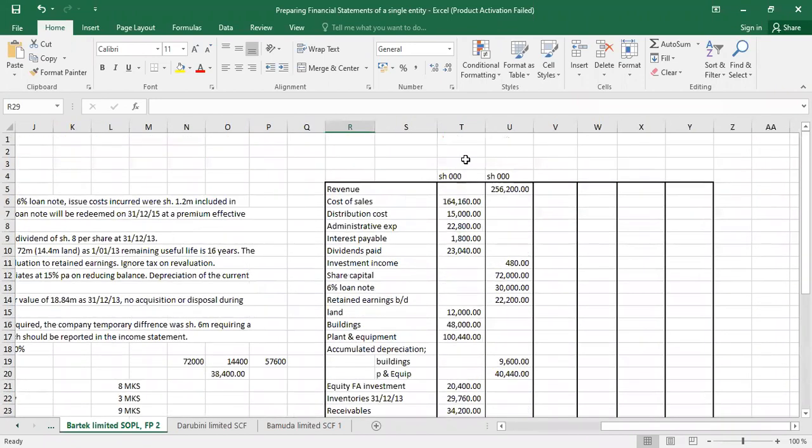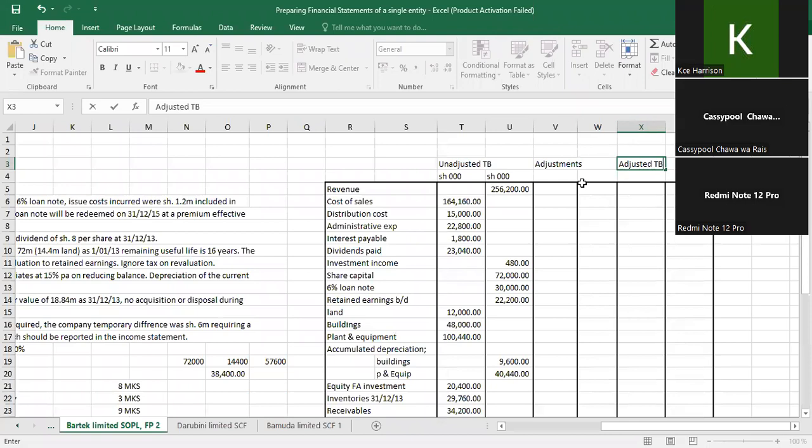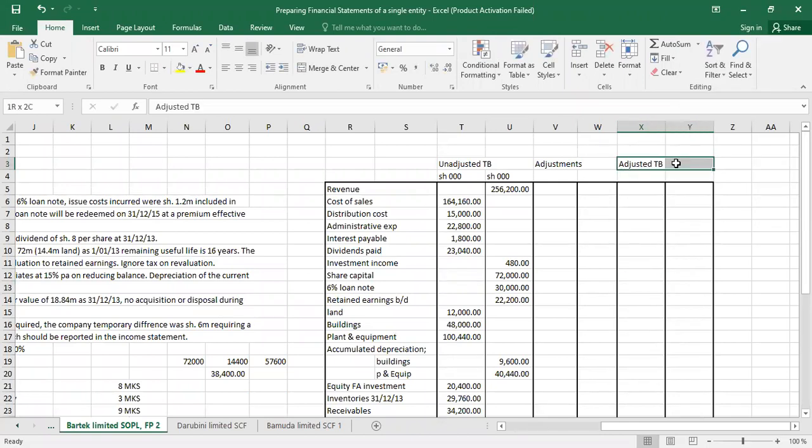Okay, so after I've brought in my unadjusted trial balance, here will be the space for adjustments, and this one will be the adjusted trial balance, isn't it? I'll merge the two here. Alt H and C to merge and center.